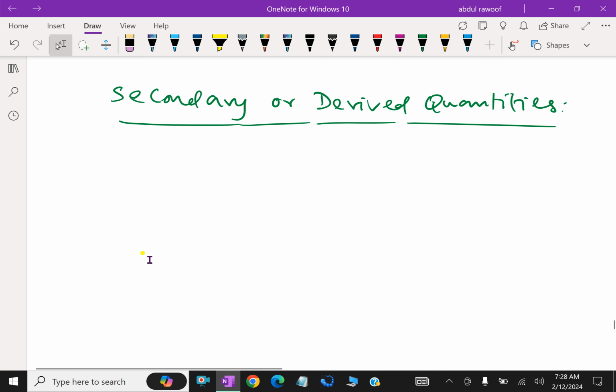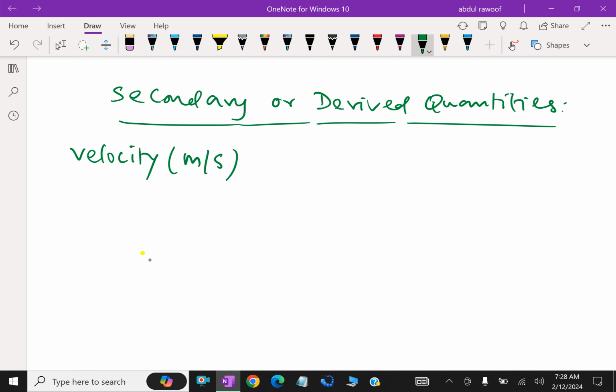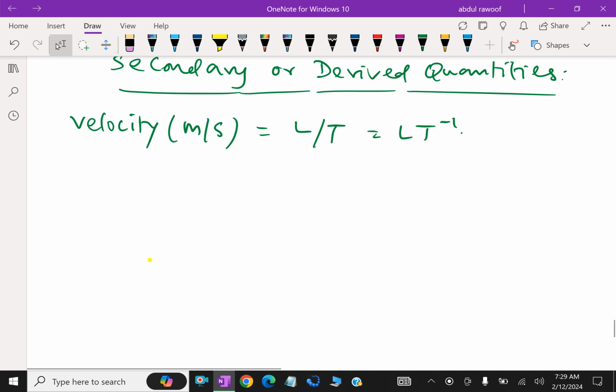For example, velocity. Velocity is meter per second. In dimensions, it gives L over T. Then we can write this as L T power minus 1. Like that, we can derive a lot of secondary dimensions.